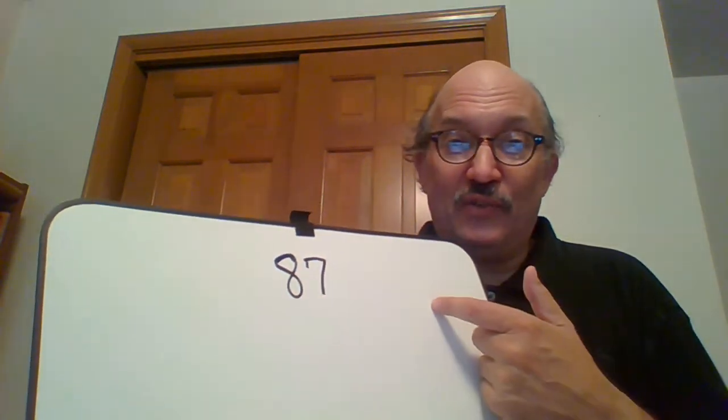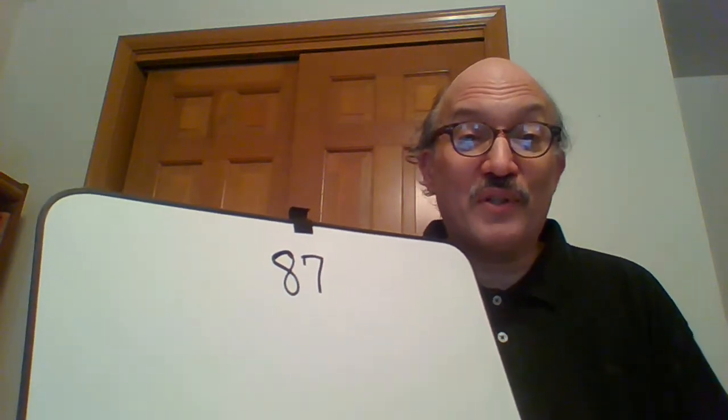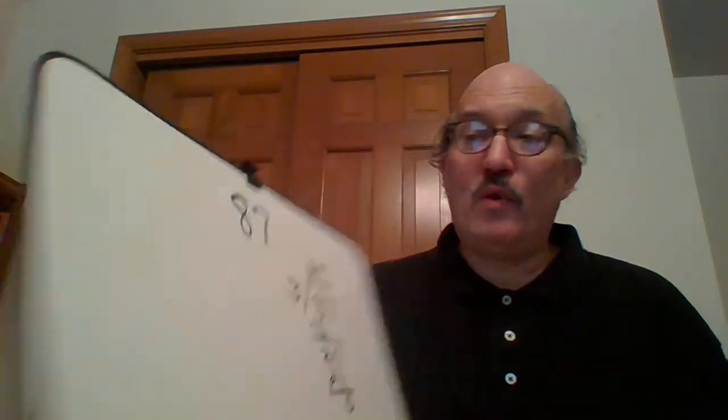You add the digits, and then if that sum is divisible by 3, then the original number is divisible by 3. And we can test that, of course, by doing 87 divided by 3. And when we do that, we get 29. 87 divided by 3 is 29 with no remainder.